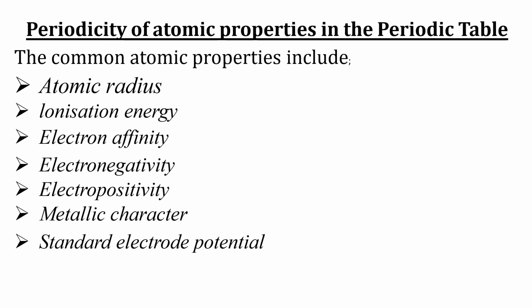So in this video, I'm going to explain how each of the following is formed, right from atomic radius to standard electrode potential. But standard electrode potential will be reviewed more in physical chemistry. So in this video, I think it was excluded.